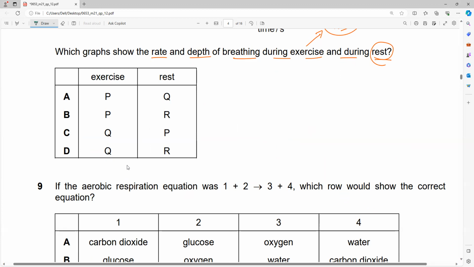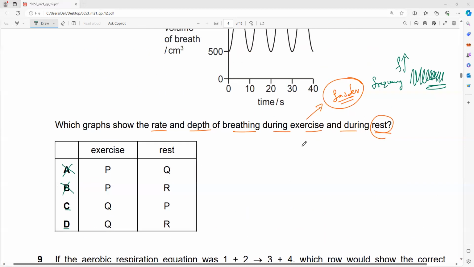So option A and option B, I can avoid. Now coming to option C and D. During rest, for example, now you are all listening to the class, and the respiration process is going on.